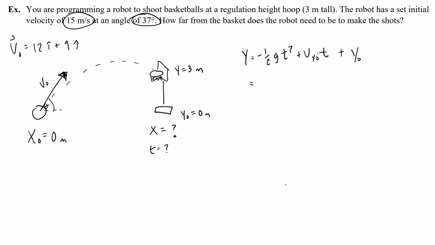Half of 9.8 is negative 4.9, so negative 4.9 t squared, plus the initial y component of velocity is 9, so plus 9t, and then my initial height is 0, so I would leave that as 0. I could set this equal to 3, which is the height, and then solve for time. But that is going to require me to use the quadratic equation and take just a little bit more algebra time. Instead, I'm just going to straight up graph this equation.